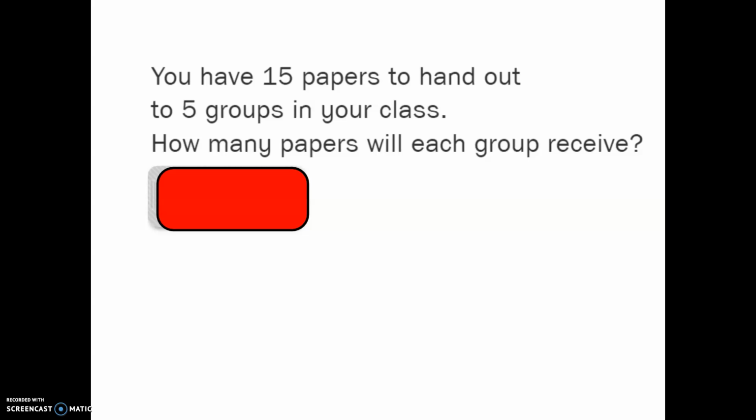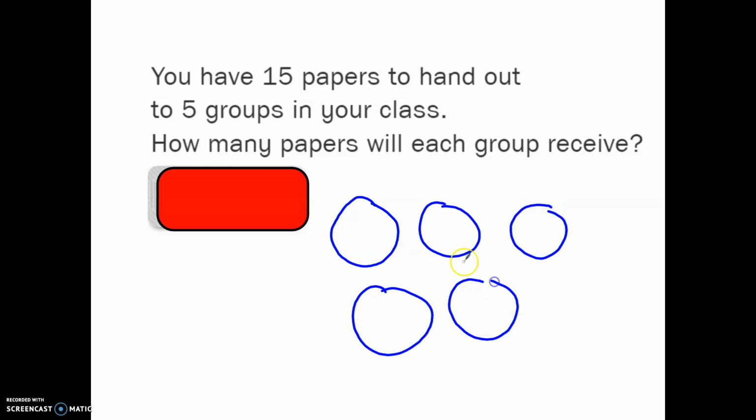Let's try it again. You have 15 papers to hand out to 5 groups in your class. How many papers will each group receive? I know I said mental math, but it doesn't hurt to do Mrs. Flurry's strategy of when in doubt, draw it out. So I have 5 groups. 2, 3, 4, 5.